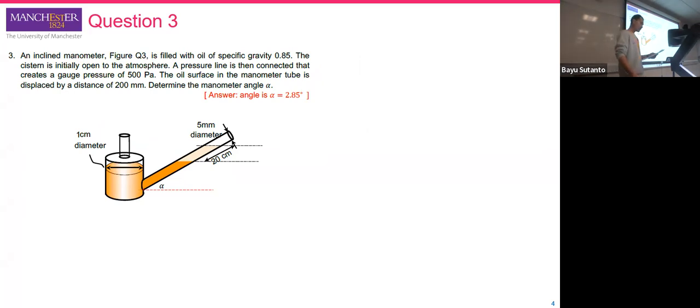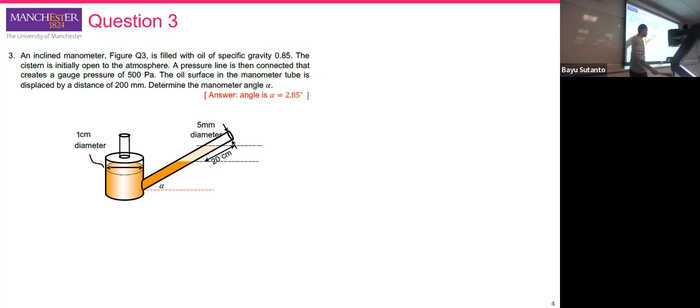A pressure line is then connected that gives a gauge pressure of 500 Pascal. So we already have the information that this line will be connected to 500 Pascal. And the oil surface in the manometer tube is displaced by a distance of 200 millimeters. So this is the distance.